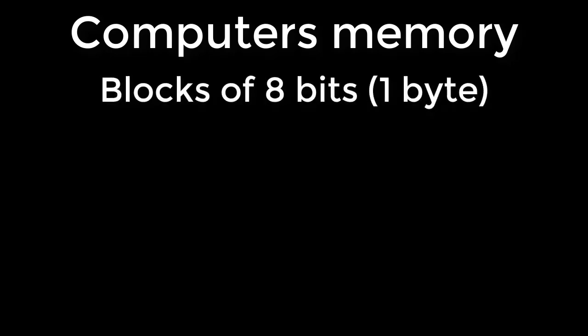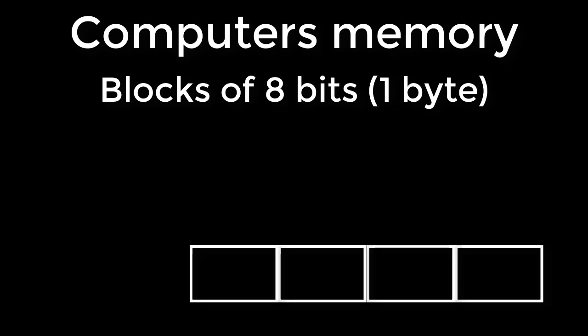But remember, most computers' memory are laid out into a bunch of blocks of bytes, or 8 bits. So an integer requires 4 blocks of bytes to make up the 4-byte or 32-bit number that it's going to store.